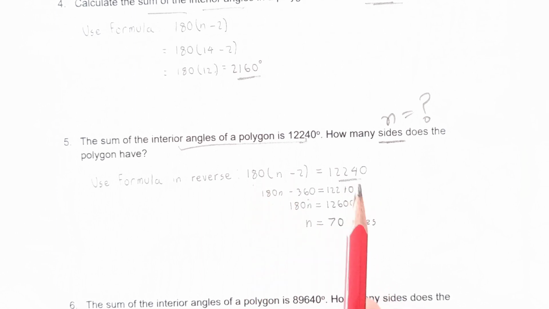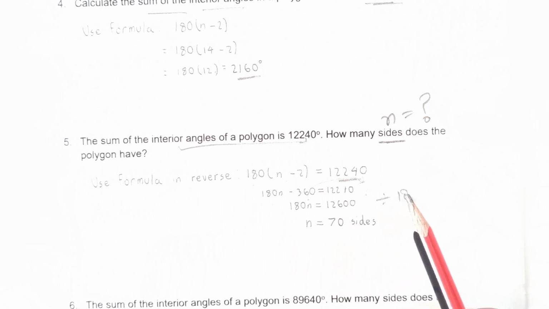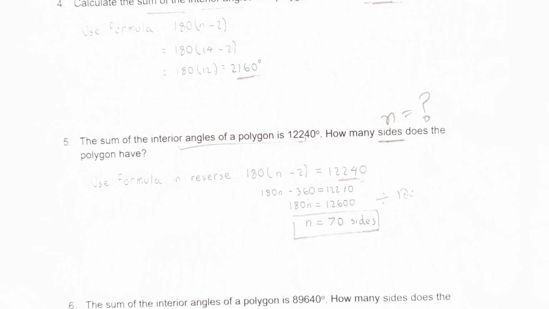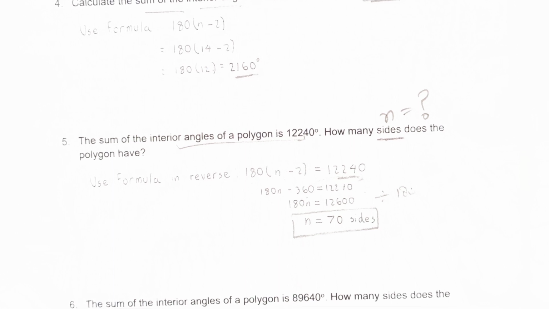This was given as the sum, so we equate it here. Then you shift this 360 to the other side, add it, then divide by 180 on both sides. So we get the value of n as 70 sides, right?